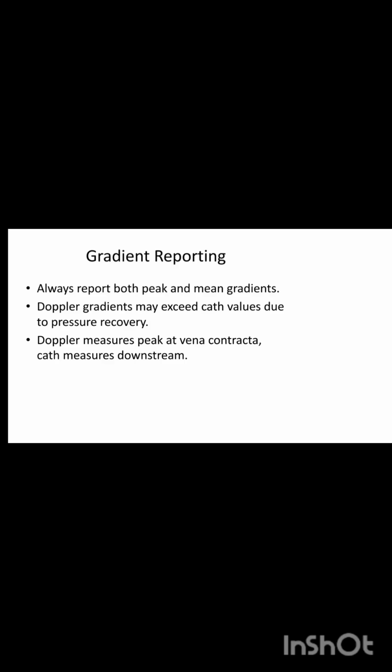The Doppler measures the peak at the vena contracta, the narrowest point, and the cath measures from downstream. So the cath values will be lower than the Doppler. Therefore we take mean gradients, because the mean gradient matches the cath values.